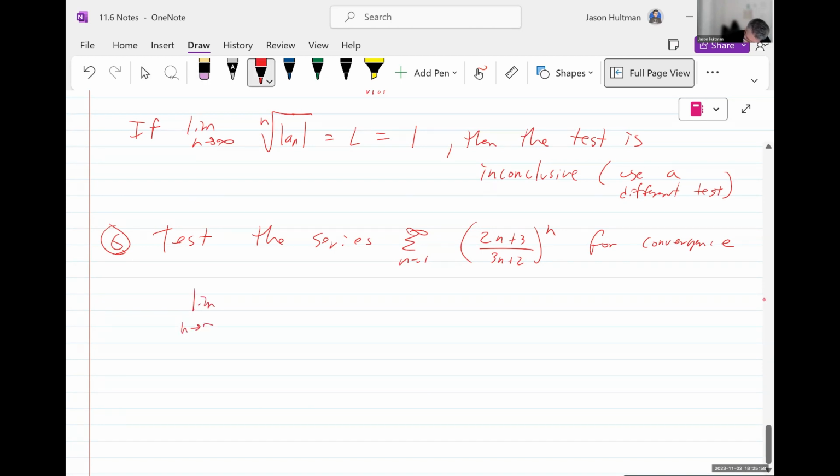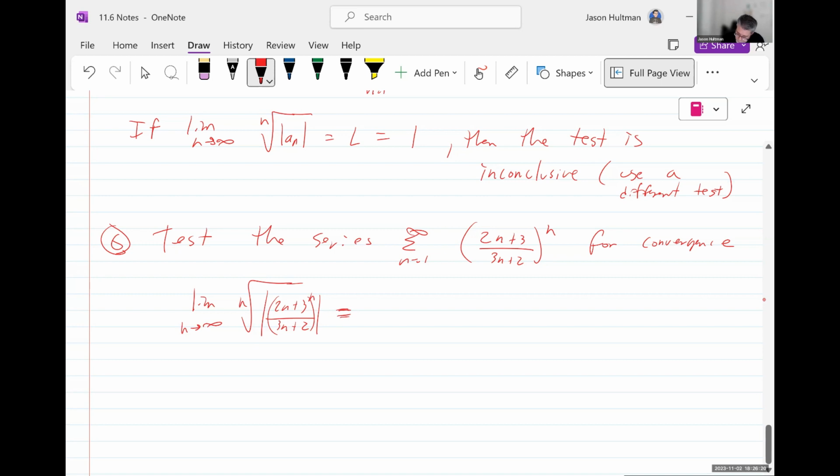We take the limit as n goes to infinity of the nth root of the absolute value of 2n plus 3 all over 3n plus 2 to the nth power.